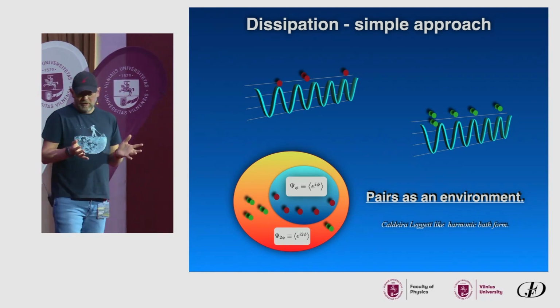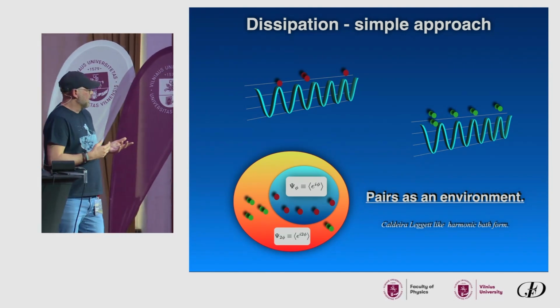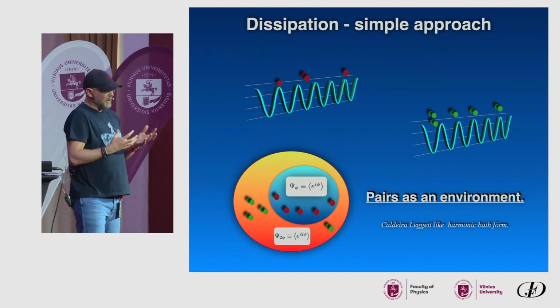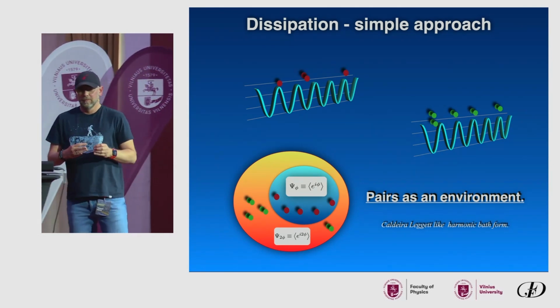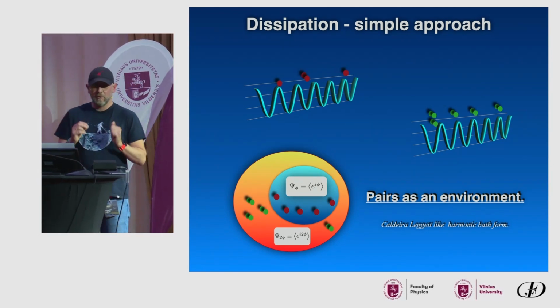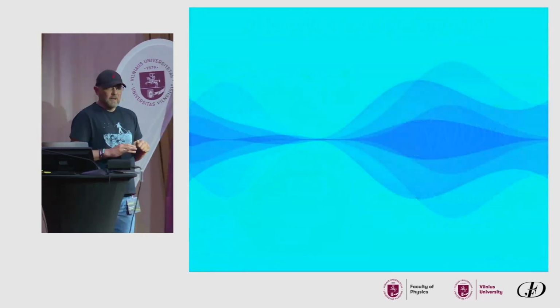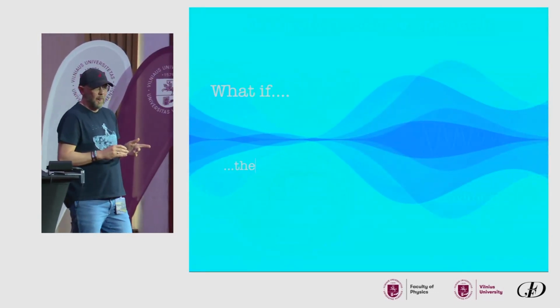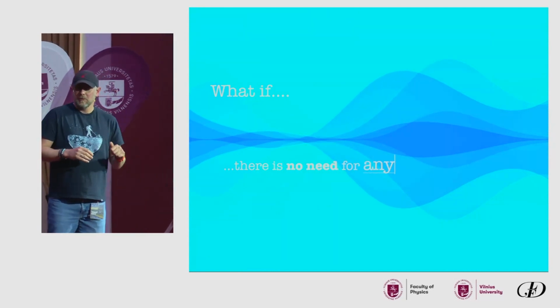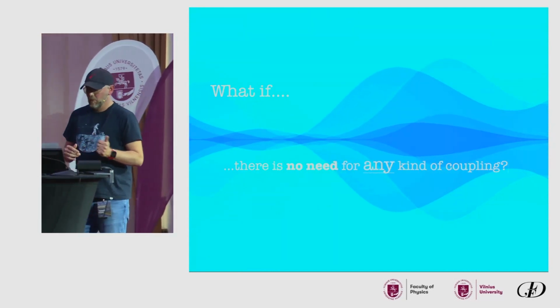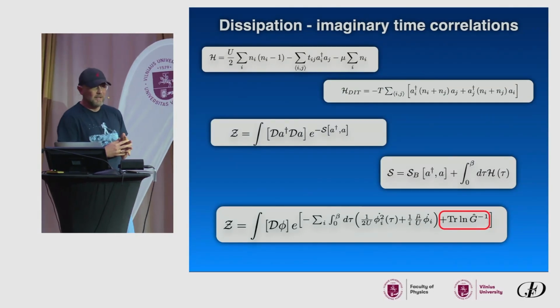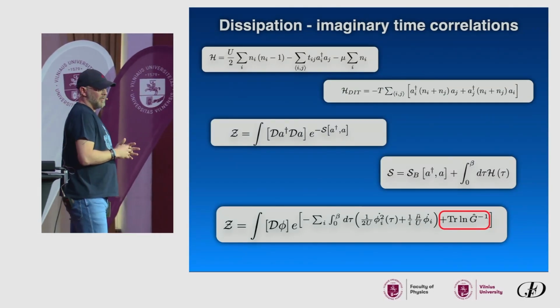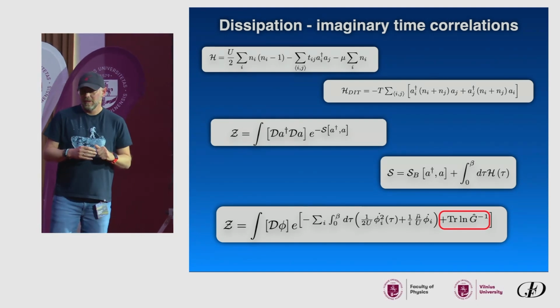But this is artificial. The coupling means that the surroundings interact harmonically with your system. But still, this is artificial. So we started to think if we need any of that. And actually we don't. Those are dissipation terms which come from the imaginary time correlations.